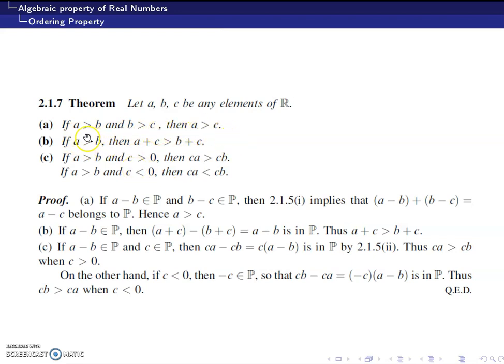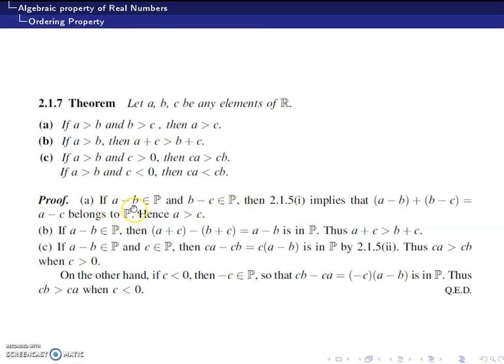Let's prove this. A greater than B implies A minus B is an element of P, our positive set. B greater than C means B minus C is an element of our positive set P. So A minus B and B minus C are elements of P, and P is closed under addition.